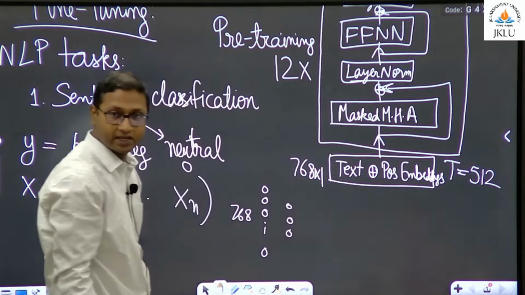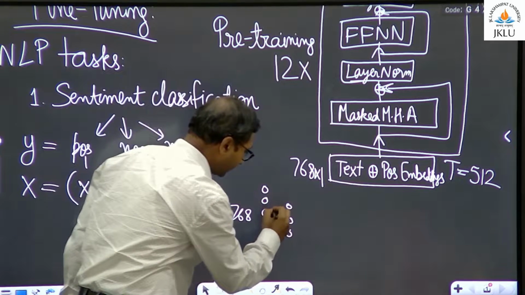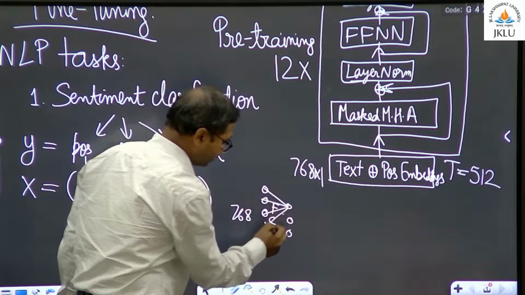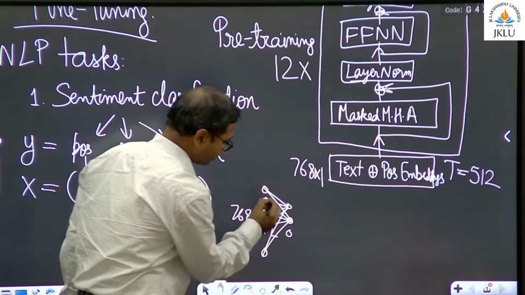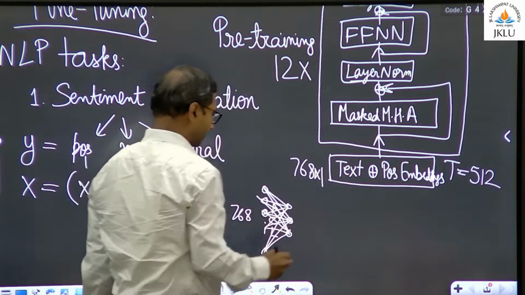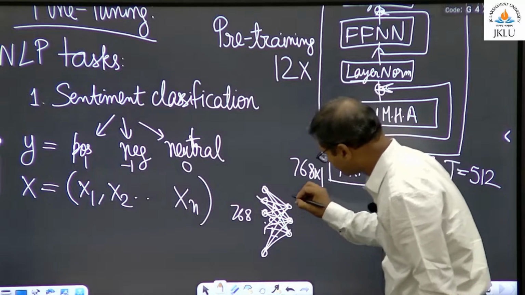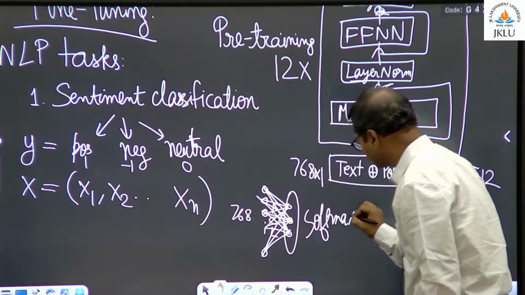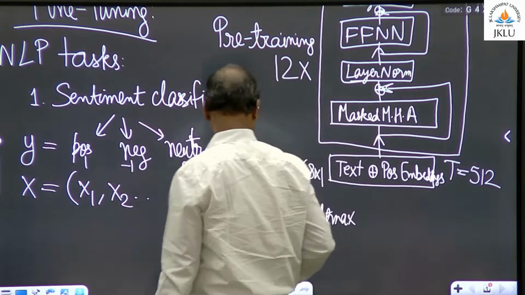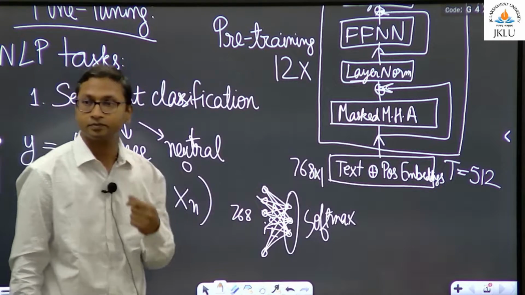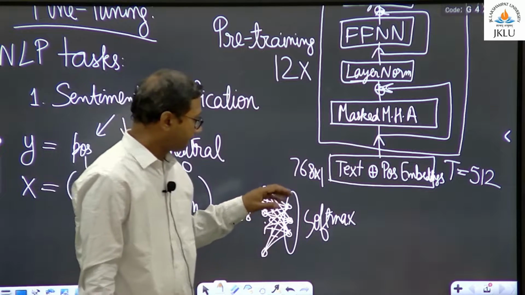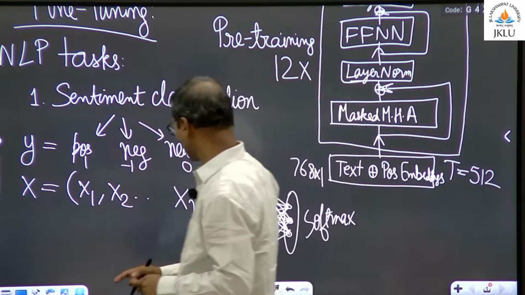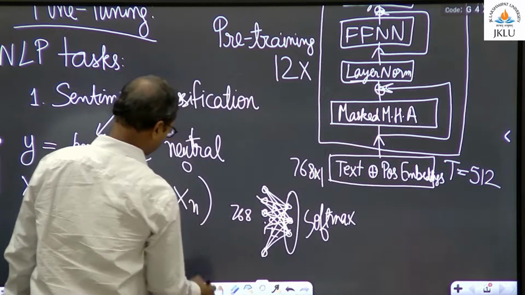You have 3 classes here. This is a fully connected layer, everybody is connected to everyone. And all you are supposed to do is softmax over here. That's it. Does this make sense? Okay.